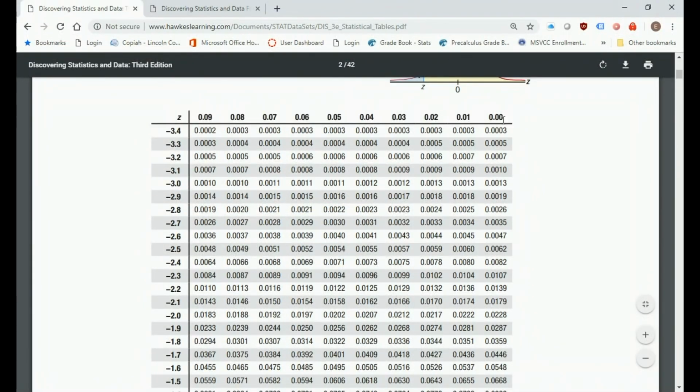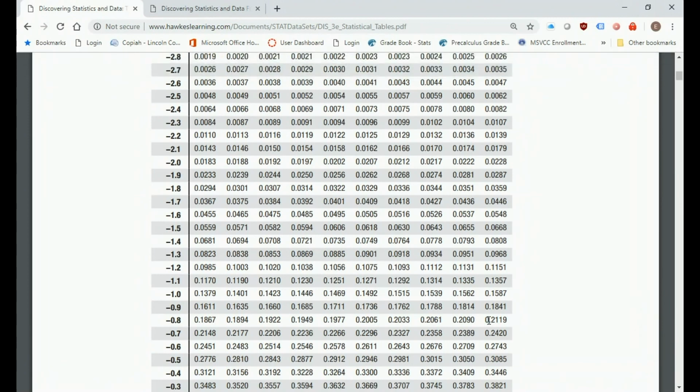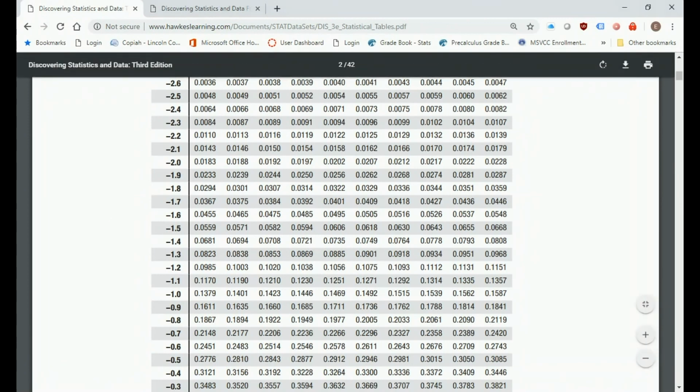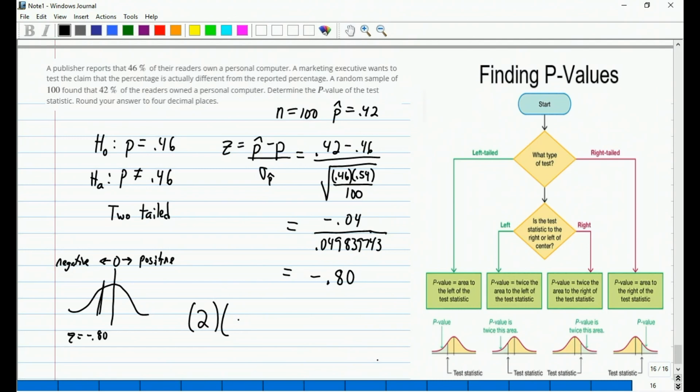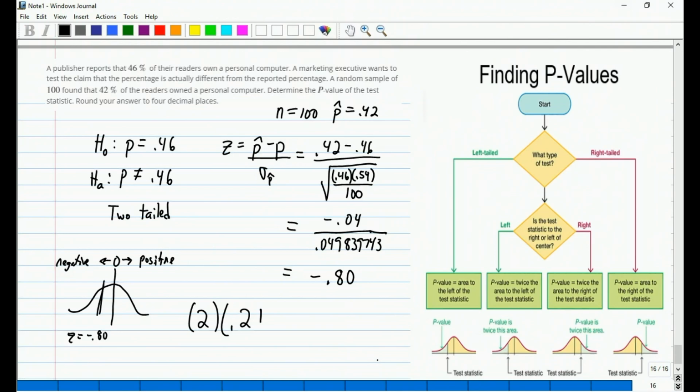The 0 column is here, so negative 0.80. I got 0.2119. So 2 times, I have to look back again. It was 0.2119.